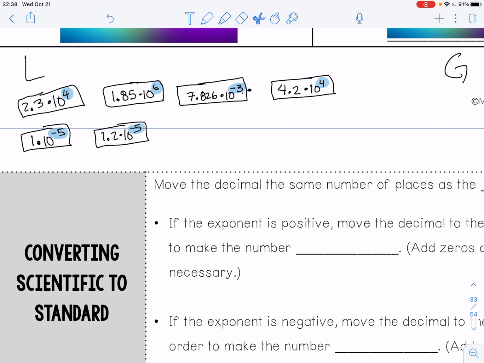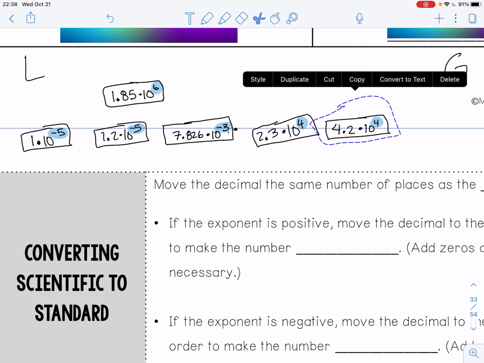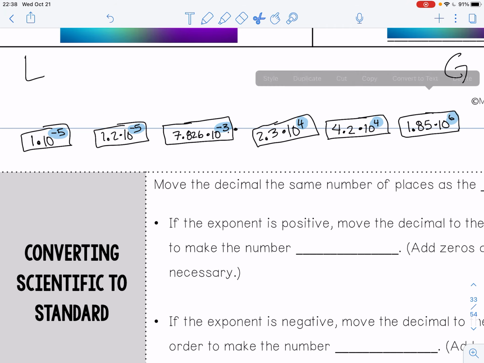And then up from there, negative 3 is a little bit bigger. And then from there, we've got two 4s, so they would go together. And finally we would have our 6. So our 6 is the biggest exponent, negative 5 is the smallest.